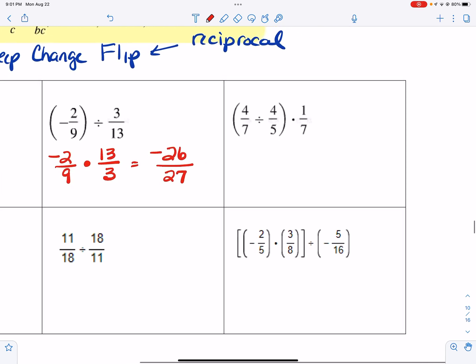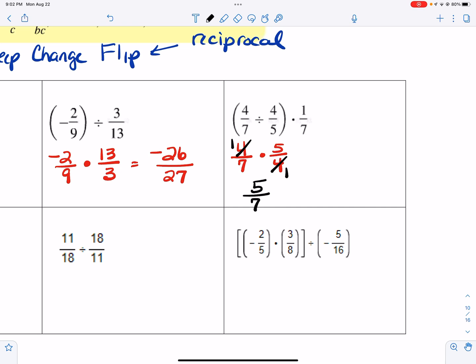Now they've indicated some parentheses. I've got division inside the parentheses, so I know I'm going to keep the first fraction, change to multiplication, flip the second fraction over, and then I recognize that 4 on the top and 4 on the bottom cancel out and make 1. So now I've got 5/7.